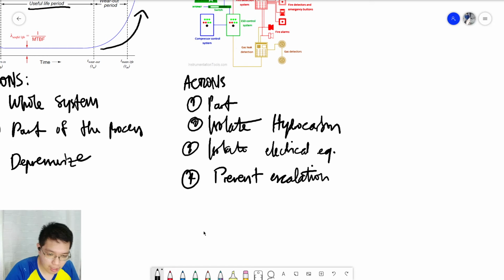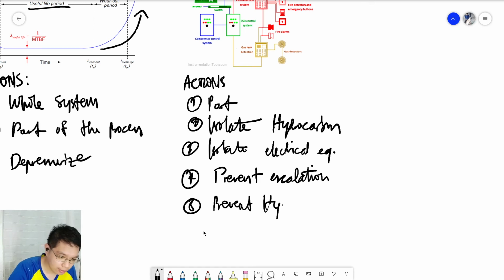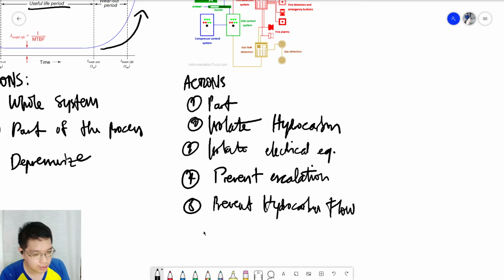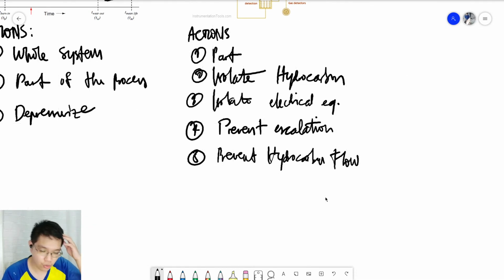Then action five: if we're isolating the hydrocarbons, as in a fire situation, for example, we can also prevent hydrocarbon flow, if these chemicals or substances are flowing in the system, which can lead to the worsening of the emergency situation.